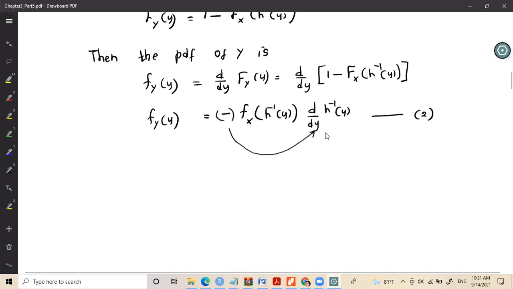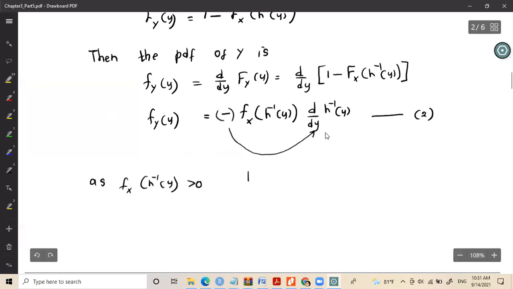The reason is f_X is greater than 0. Why? Because it's a probability density function. It cannot be negative. Therefore, d over dy of h inverse y is going to be the negative value for the second outcome. So this negative value is actually with the d over dy. Therefore, you can combine 1 and 2.